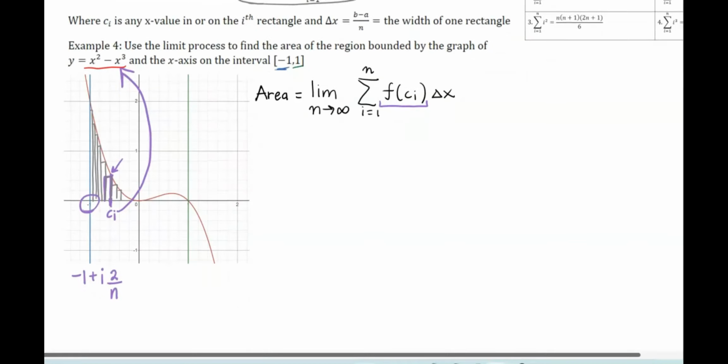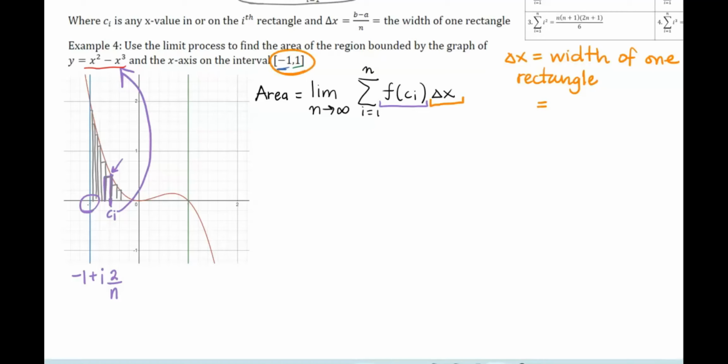Now let's talk about where the 2 over n is coming from. The 2 over n is coming from the width of one rectangle, which is what delta x represents. The width of one rectangle is going to be the width of your entire interval.